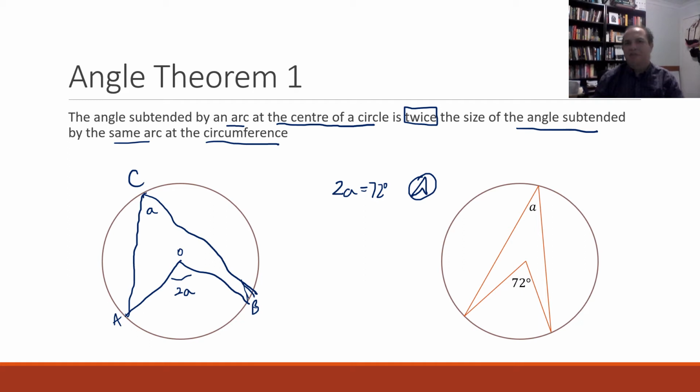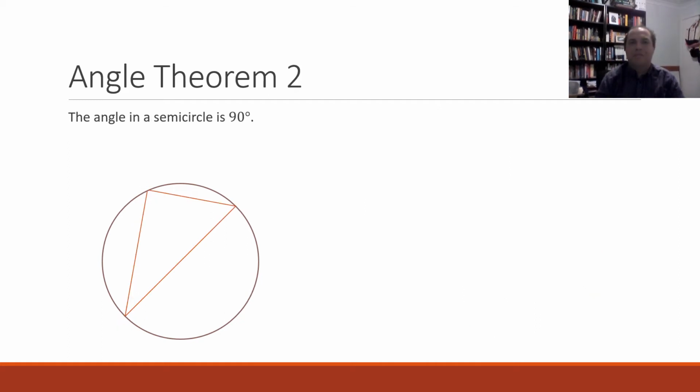Sometimes you call it the arrow rule or the chevron rule, because it's got that arrow or chevron shape, or the angle at center theorem is a fine way to refer to it too. So that angle here at 72 is double the angle at A, so rearranging that, A must be 36 degrees. And that's all there is to finding an angle in this particular situation.